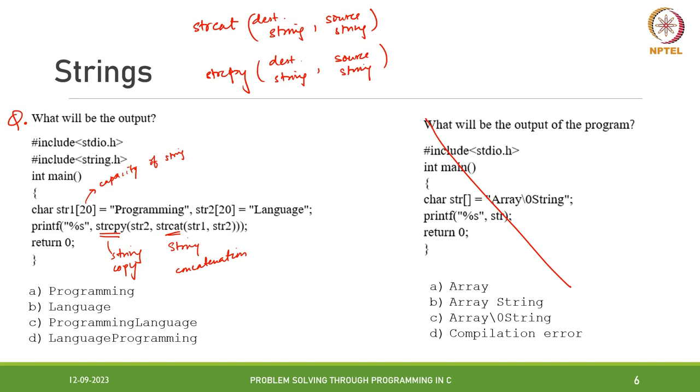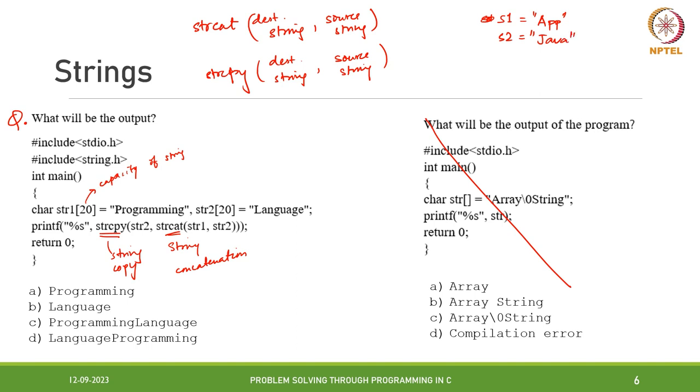Okay. So what do you mean by source string and destination string? So let's say I have a value s1, which is app. Okay. And I have another string s2, which is like Java. Okay.